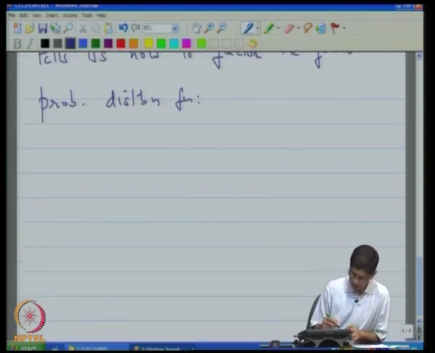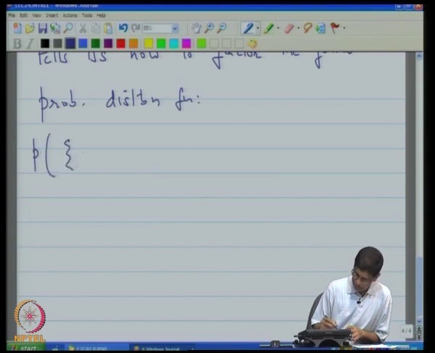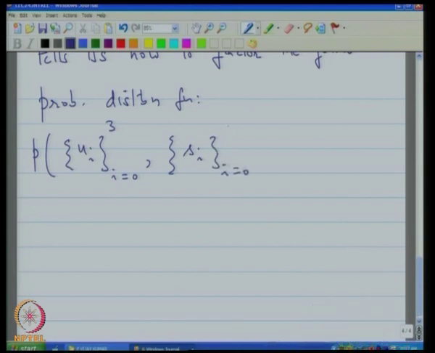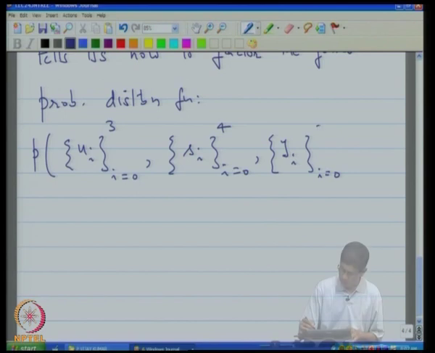So, it factors according to, so P of u_i, i equal to 0 to 3, s_i, i equal to 0 to 4, and y_i, i equal to 0 to 3.